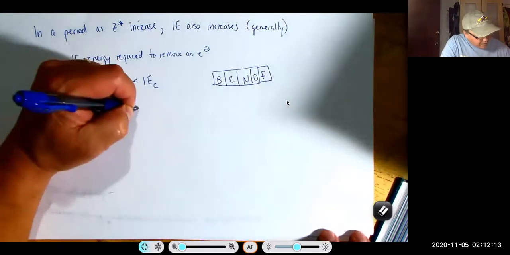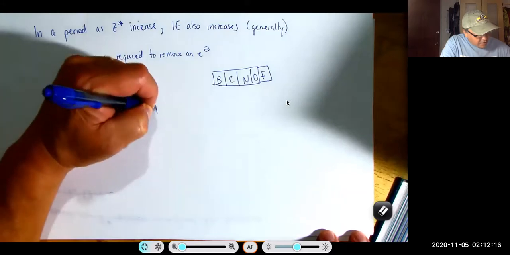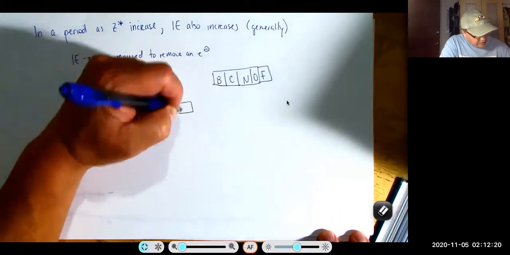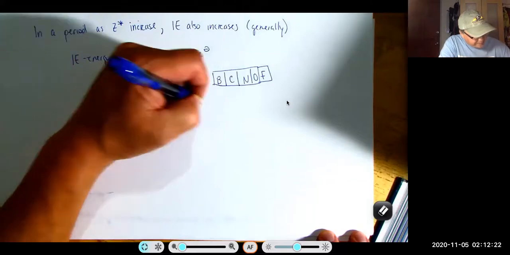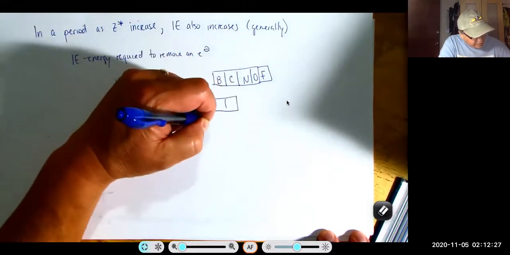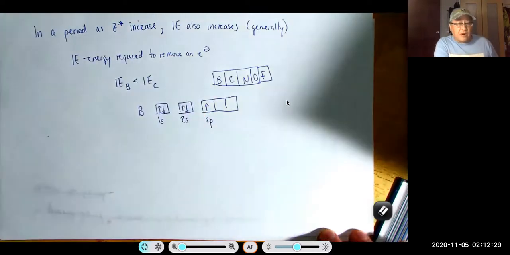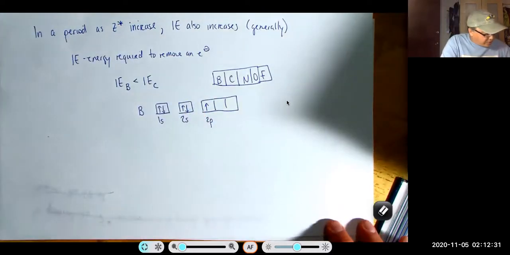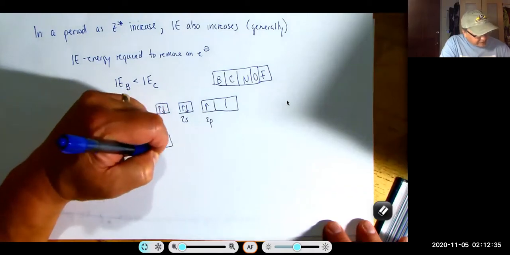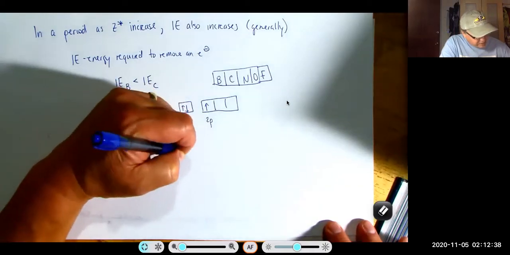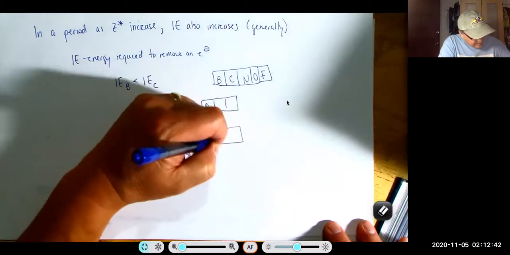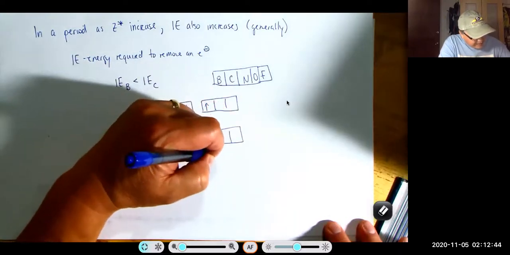So why is this the case? Well, when you look at boron, boron is 1s2, 2s2, and 2p1. So that's boron. If you look at carbon, it's 1s2, 2s2, and 2p2.